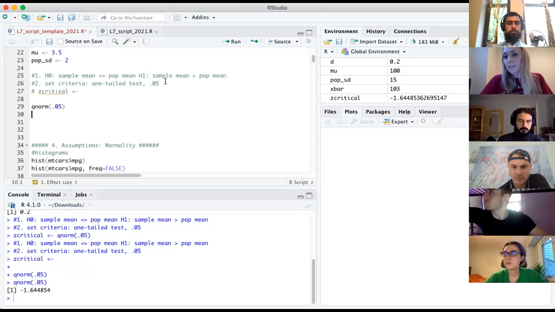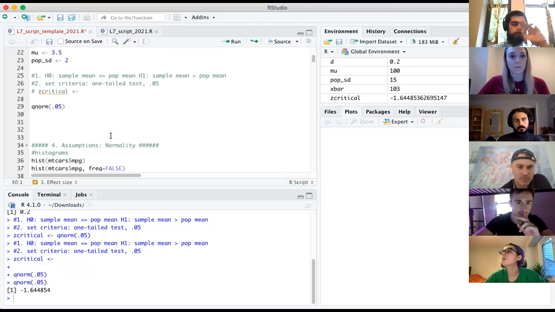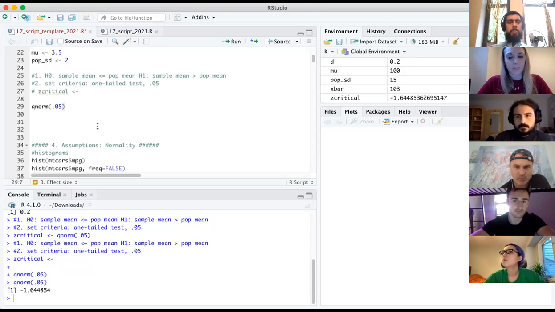So if our hypothesis is that the sample mean is greater than the population mean, are we expecting a positive or negative z critical? Our sample mean is greater than our population mean, which means which side of the distribution should we be looking on, the left side or the right side? Right side, yes. So we need to do 1 minus 0.05.